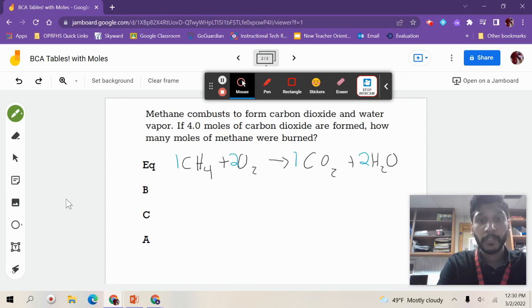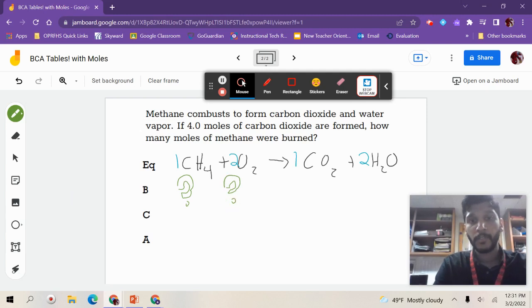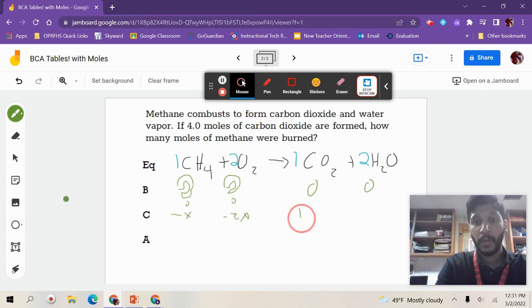Before our reaction occurs, we have some amount of reactants. We're not sure what. We have 0 products, we don't have any of that, right? Then our change: we're going down 1x, going down 2x, going up 1x, going up 2x. Our reactants, we're using those up.